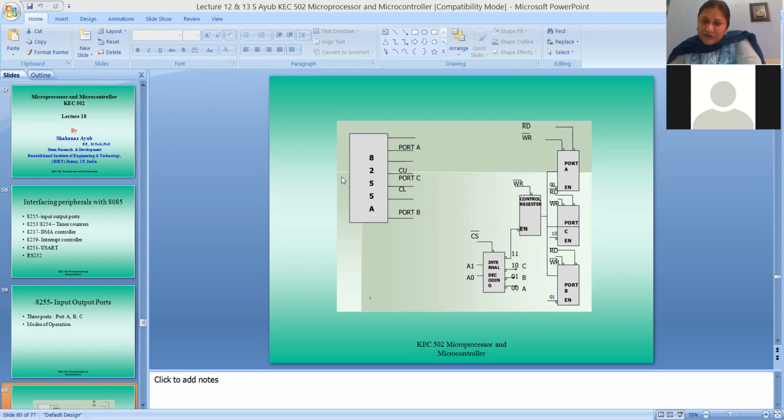There should be some addresses, directly or indirectly, for port A, port C, and port B. By knowing that particular address, the data will go to the respective port, or data will be read from the respective port.